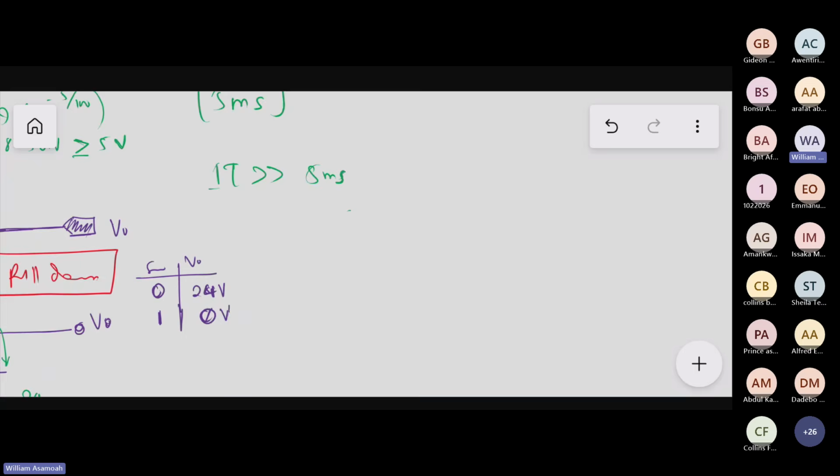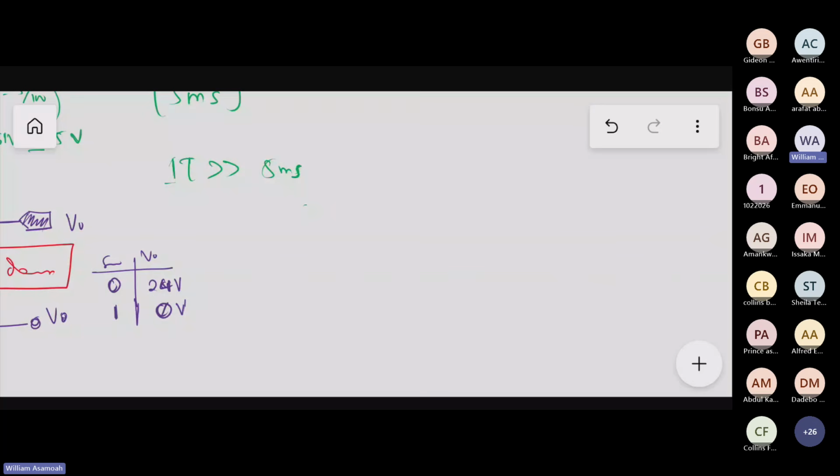If you don't design it this way, and it's bouncing in 5 milliseconds, the output of the capacitor will also be changing.